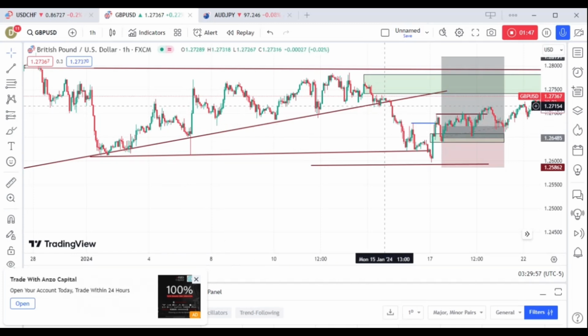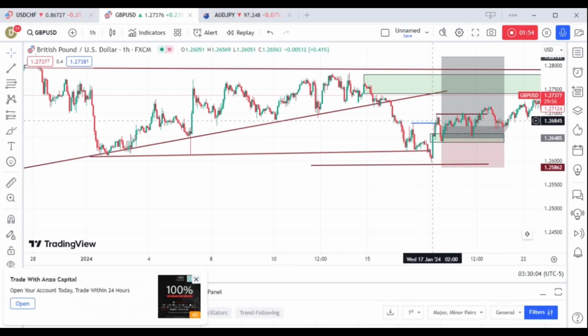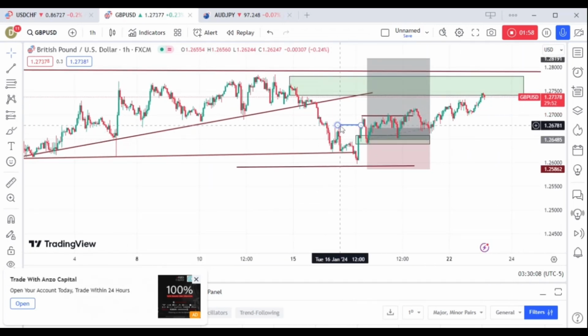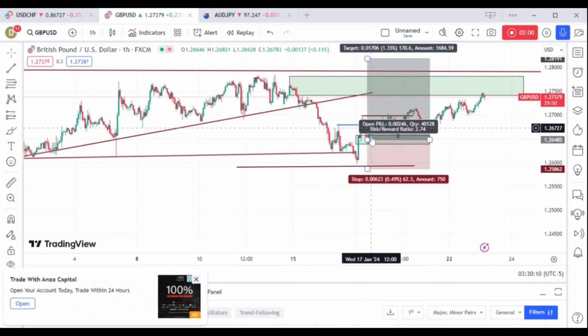Price clearly took out this low here, and when price got to this key level, it gave us a change of character, which I showed with this blue line here. Then price came back to my demand level here.